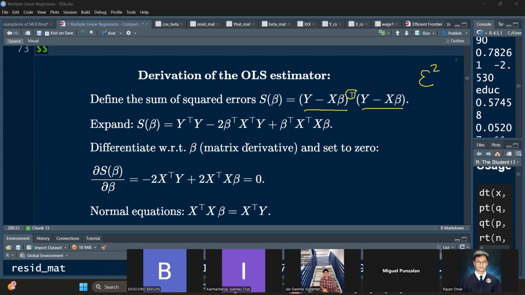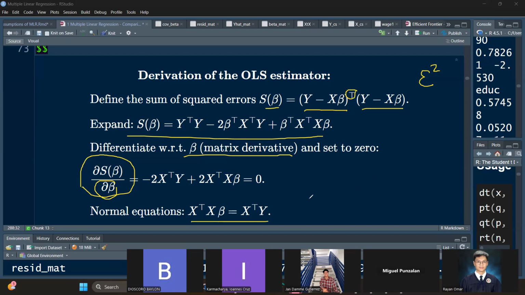So this can be reduced into this one. And then the final step, class: when we use differential calculus, getting the partial derivative of your function, the sum of squares, with respect to your beta, you get this final equation.